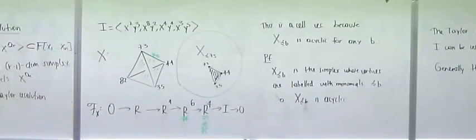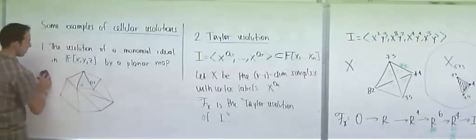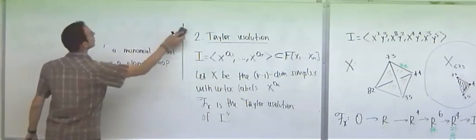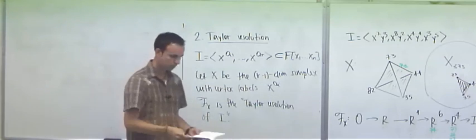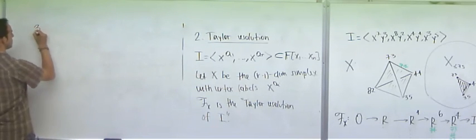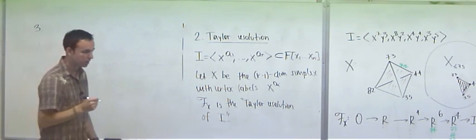Now, for the next example, what I want to do is show you an example of a cellular resolution for a very concrete ideal. Okay?